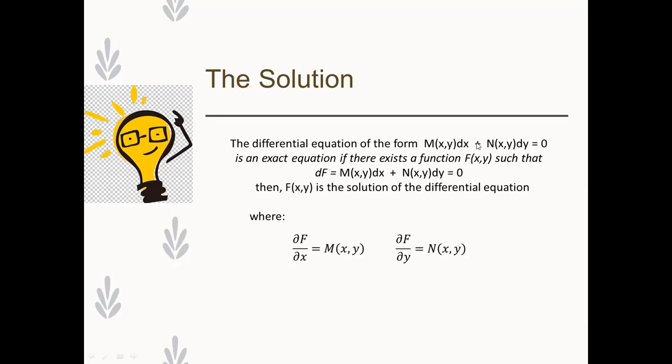So this is now referring to the solution of your exact DE, such that the differential of that particular function is equal to M of x and y dx plus N of x and y dy, which is said to be 0.